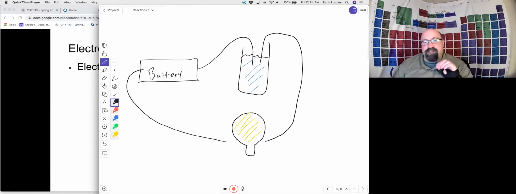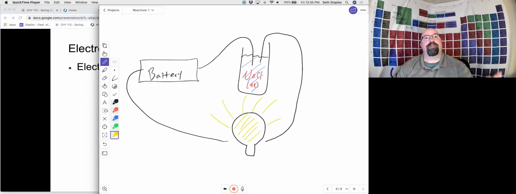Now, if my solution right here is an ionic solution, let's say I have some NaCl (aq) in here. So I've got a sodium chloride solution, an ionic solution, it's an electrolyte. I connect this, and my light bulb's going to light up.